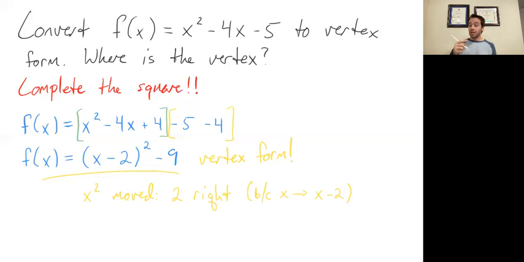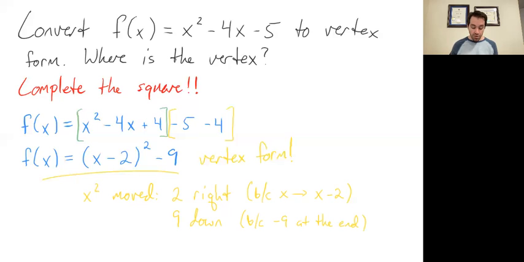When you replace x with x minus 2, that moves things 2 to the right. And how else has it been moved? Well, it's not just the minus 2 that you need to look at, it's also the minus 9. So it's also been moved 9, and remember, 9 is minus. That means that it moves 9 down. So this moves 9 down. And this is because of the minus 9 at the end.